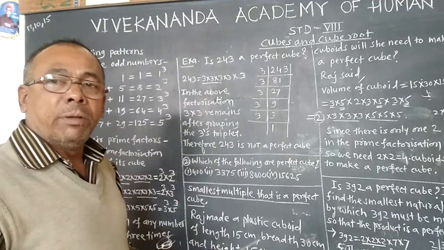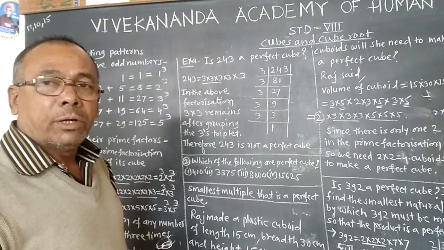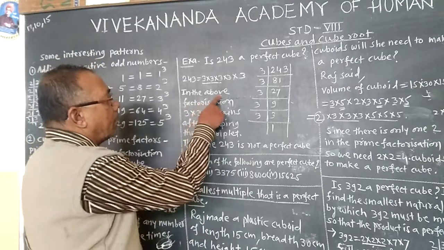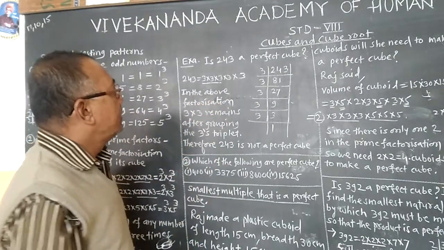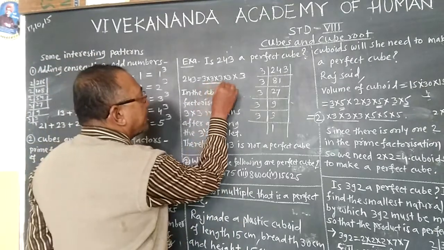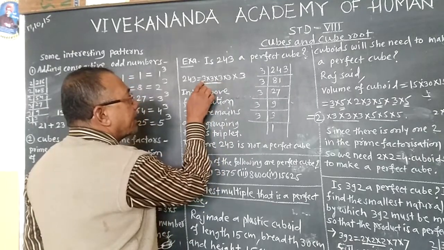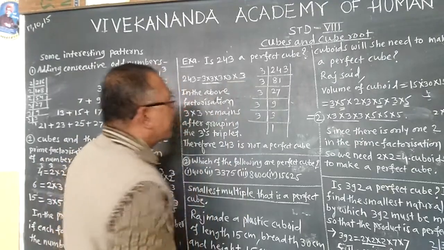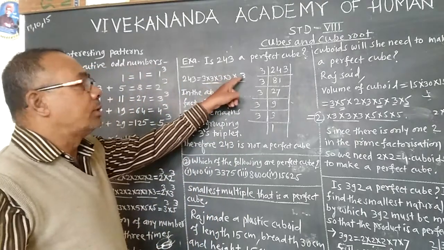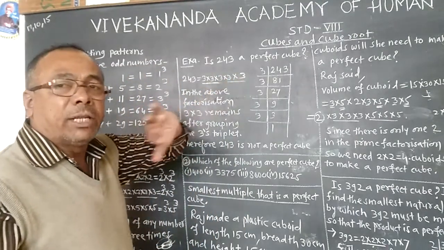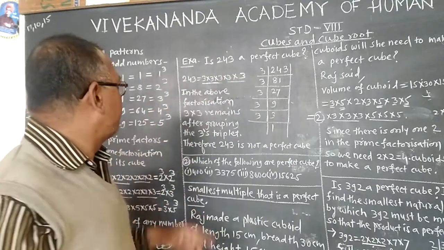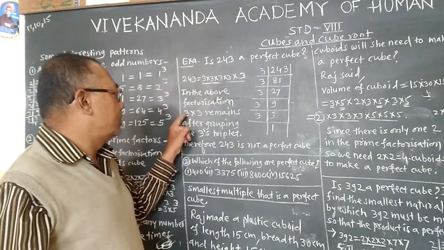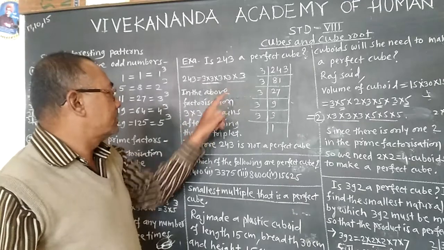Now we make triplets in the above factorization. In the first triplet there are 3 times 3, but in the second there are only 2 times 3, means one 3 is less, and therefore in the above factorization 3 into 3 remains.